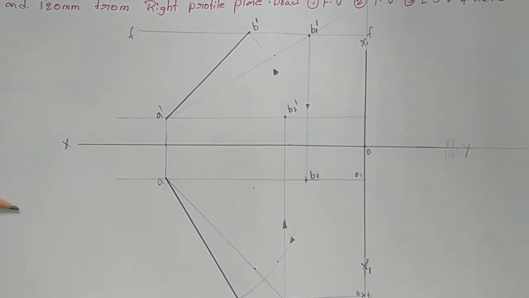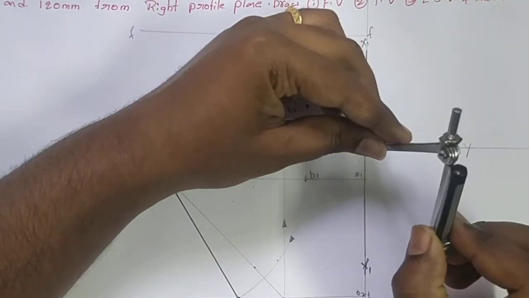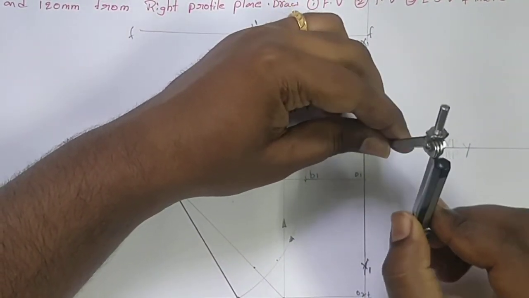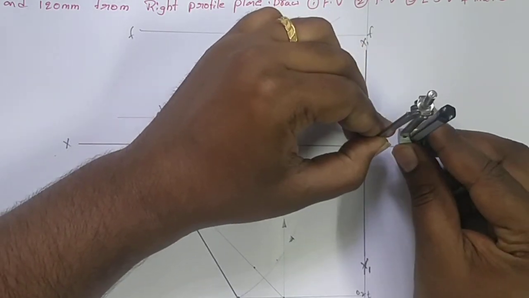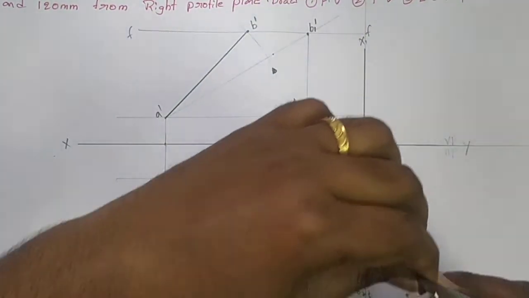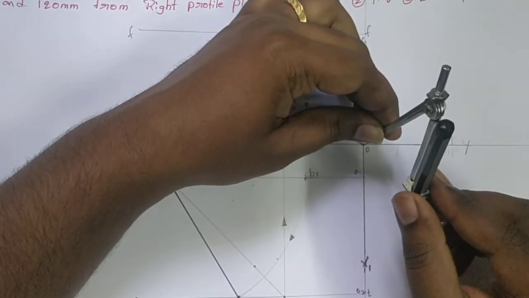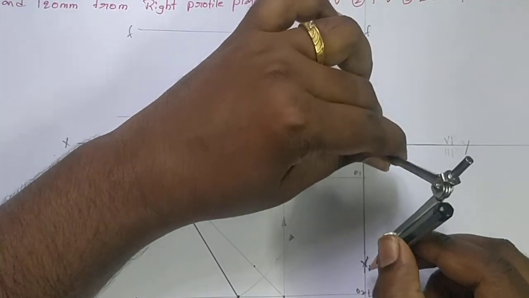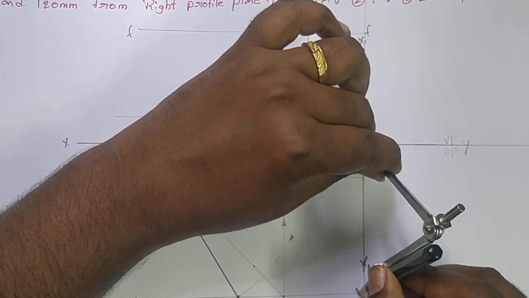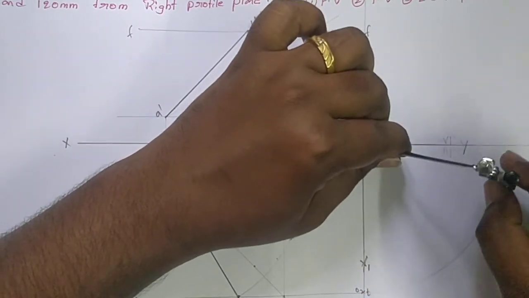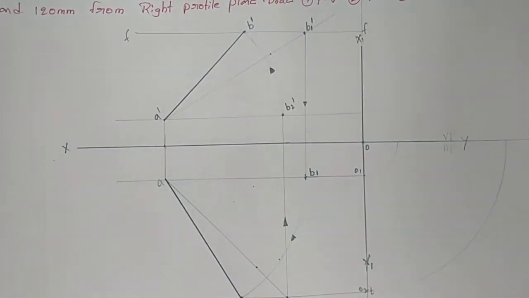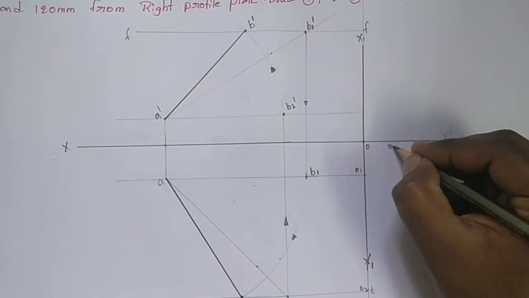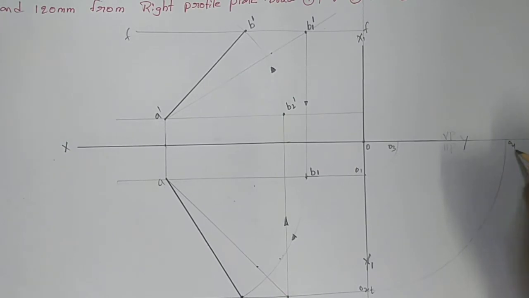Okay, by using a compass, O as center, O1 as radius, draw the arc up to this line. Next, similarly, O as center, O2 as radius, draw one arc up to XY. Okay, we got 2 points. This one is O3 and this one is O4.